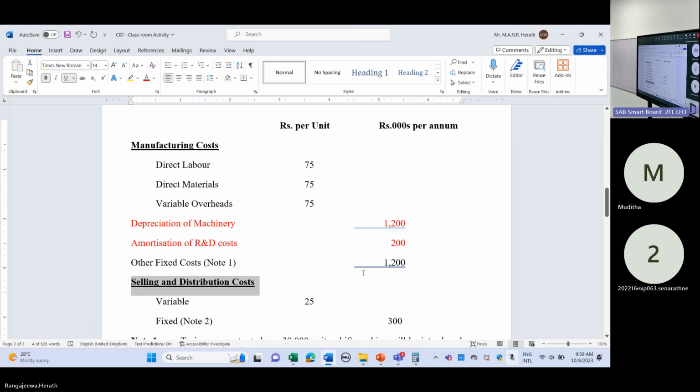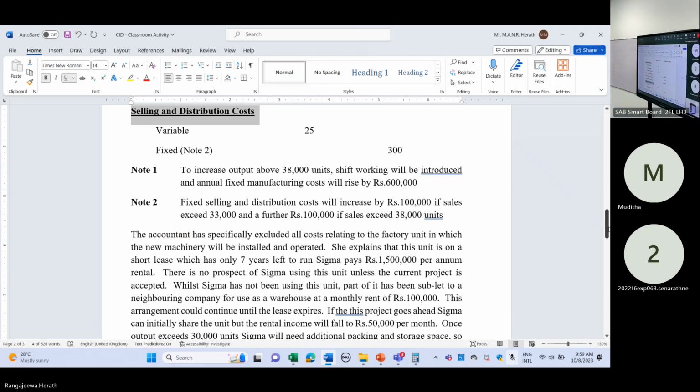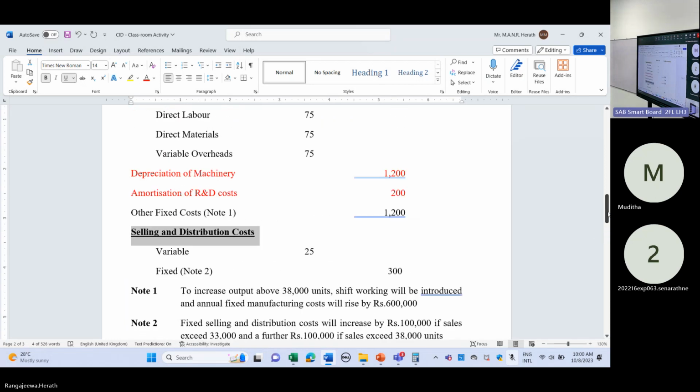Manufacturing fixed cost per annum is 1,200. To increase output above 38,000 units, shift working will be introduced and the annual fixed manufacturing cost increases, that means by 600.